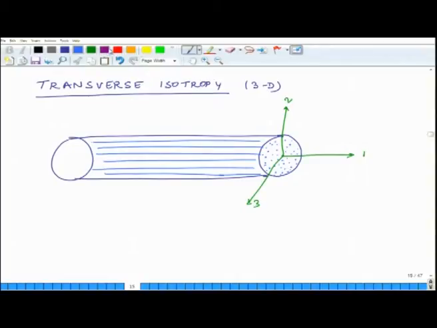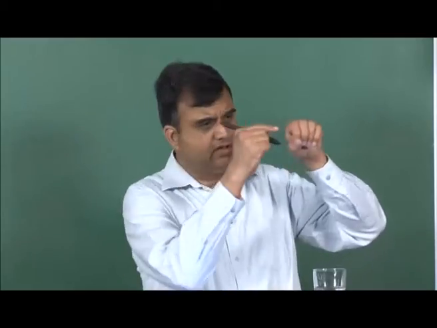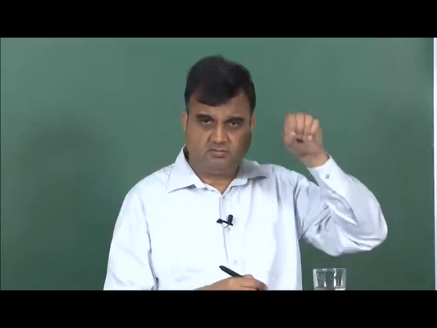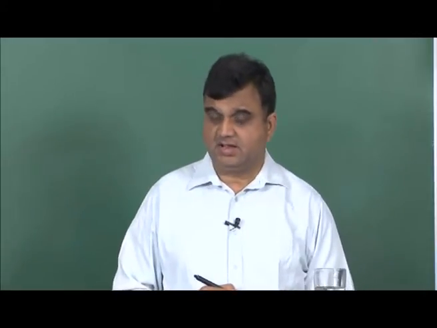Now, think about it. Suppose I take a material like this sample. I am looking at the rod and I am cutting a material from the end and I take a sample like this.